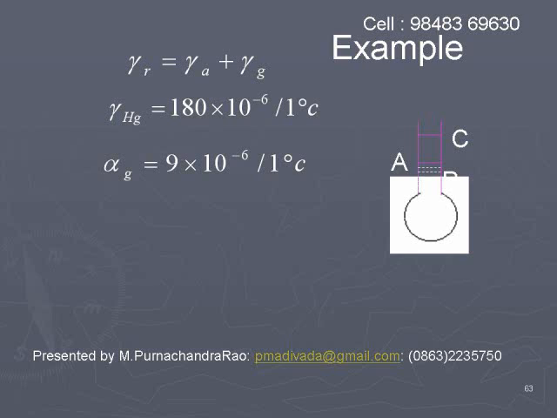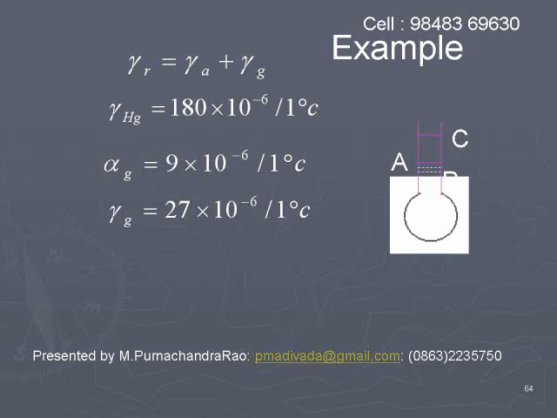The coefficient of linear expansion alpha g is 9 into 10 to the power of minus 6 per degree centigrade. Cubical expansion will be 3 times this. Hence, gamma g is equal to 27 into 10 to the power of minus 6 per degree centigrade.